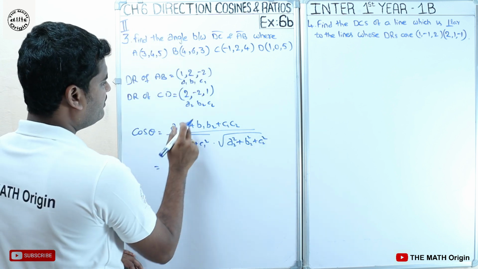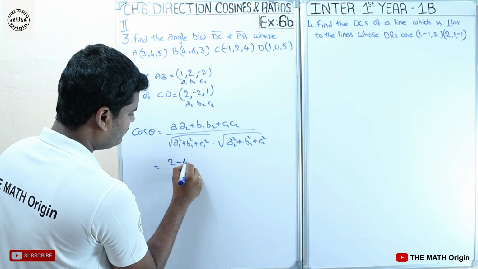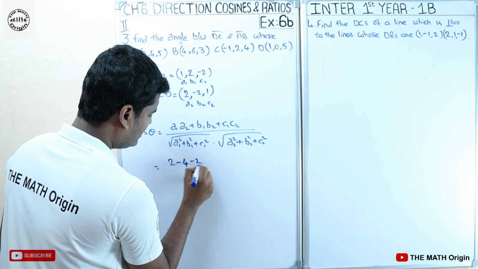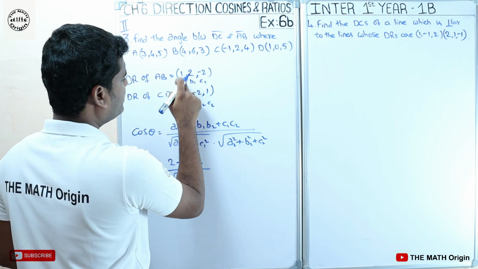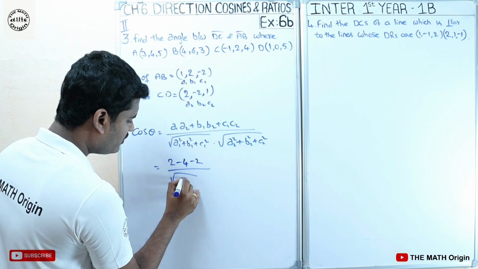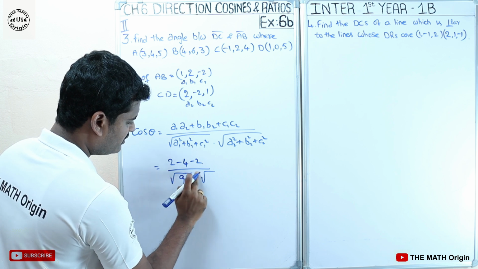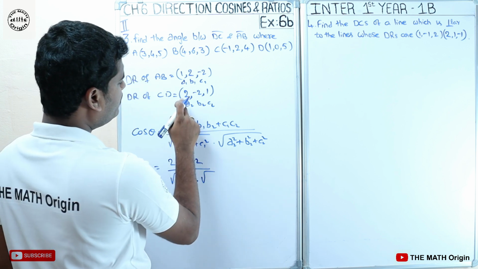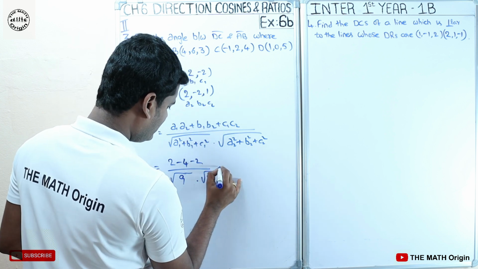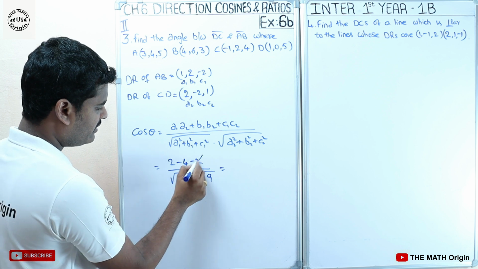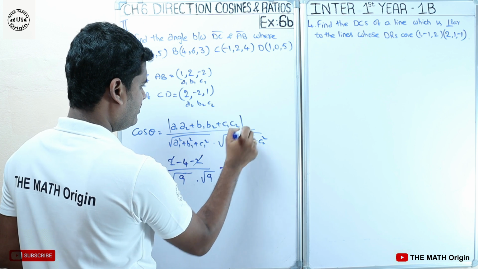Now A1 into A2, 1 into 2 is 2, next 2 into minus 2 is minus 4, next minus 2 into 2 is minus 2, divided by root of A1 square plus B1 square plus C1 square, 1 plus 4 plus 4 is root 9, into root of 4 plus 4 plus 1, 8 plus 1 is 9. Therefore minus 2 is cancelled, sorry, this will be mod, right?